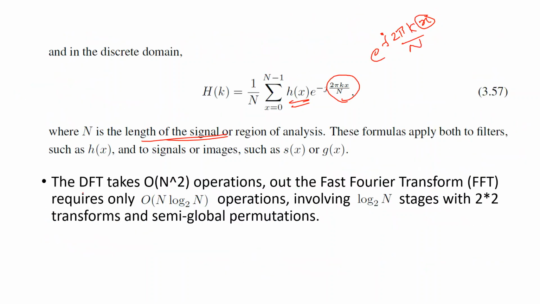This representation of the discrete domain is the discrete Fourier transform, and it takes big O of n square operations. The same DFT results can be obtained in a fast manner using the fast Fourier transform, with big O of n log n.